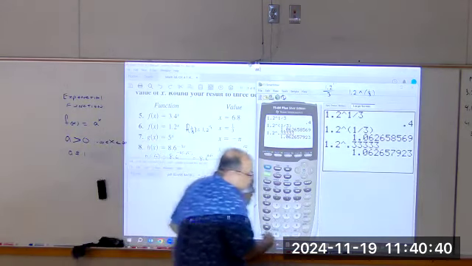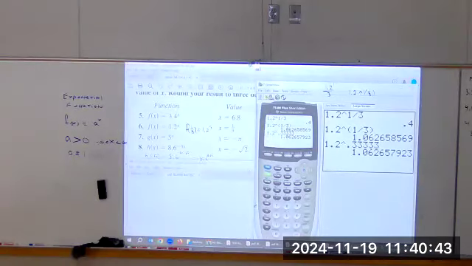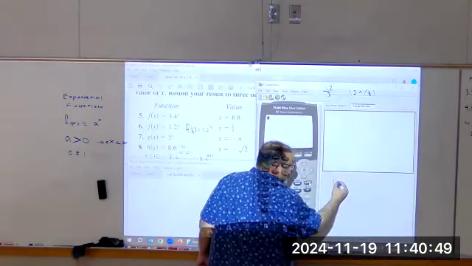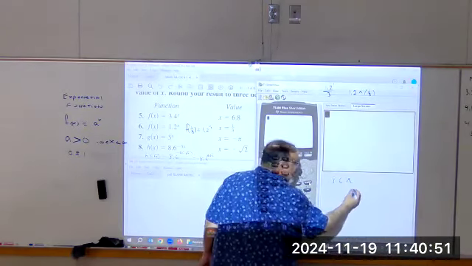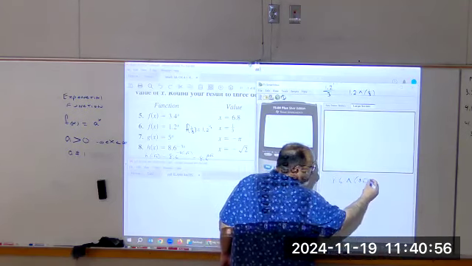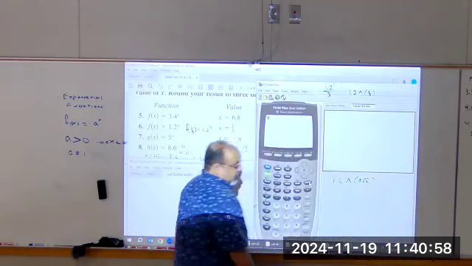So when I type it in, it's going to have to look like 8.6 to the, I'm going to need parentheses, 3, and then square root 2, and then close the whole thing.